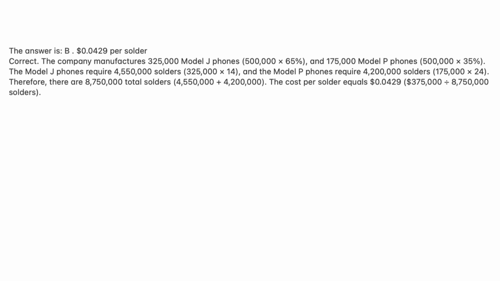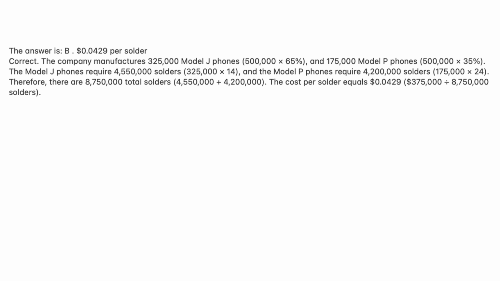$0.0429. Correct. The company manufactures 325,000 Model J phones, 500,000 times 65%, and 175,000 Model P phones, 500,000 times 35%. The Model J phones require 4,550,000 solders, 325,000 times 14, and the Model P phones require 4,200,000 solders, 175,000 times 24.